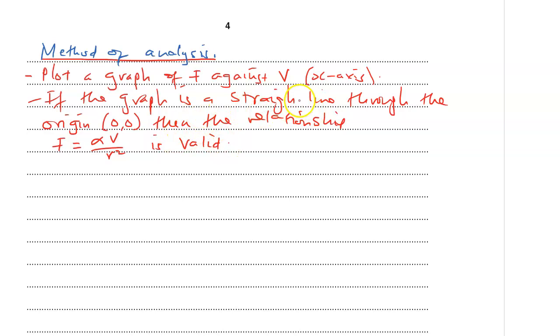If the graph is a straight line through the origin, then this relationship is valid.